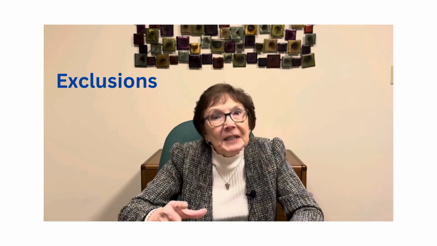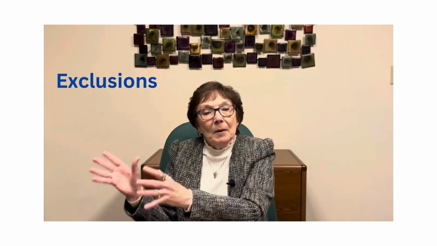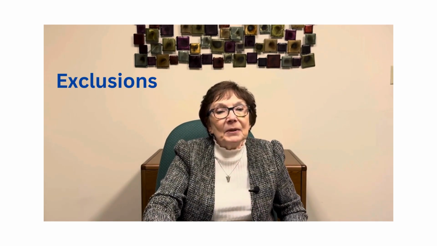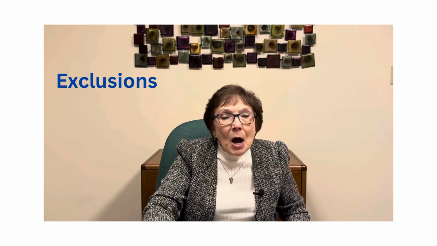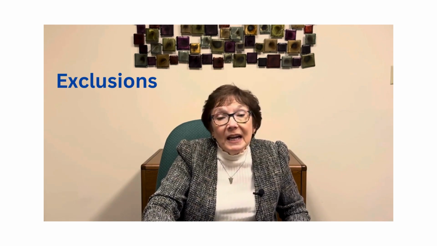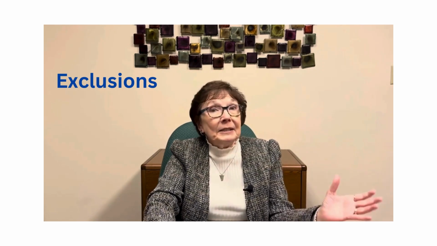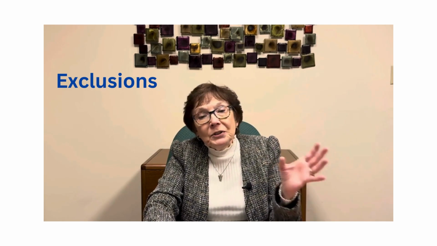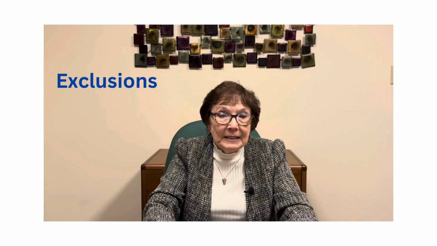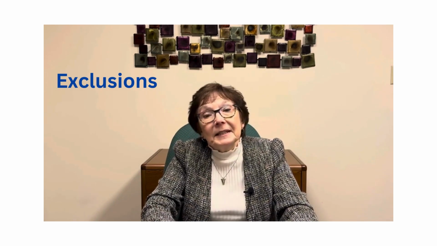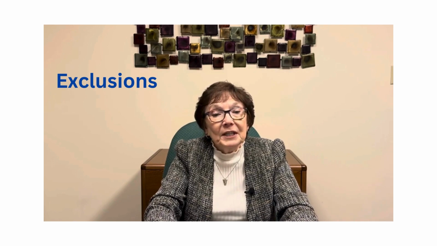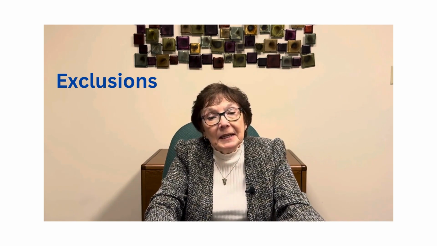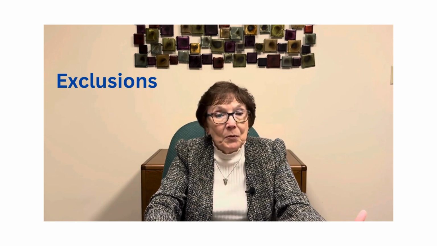Exclusions generally will reduce both federal and state taxable income. Some common examples of exclusions, perhaps the best known is life insurance proceeds, certain scholarships and fellowship grants, but only to the extent that they cover qualified educational expenses, foster care payments, and child support payments.